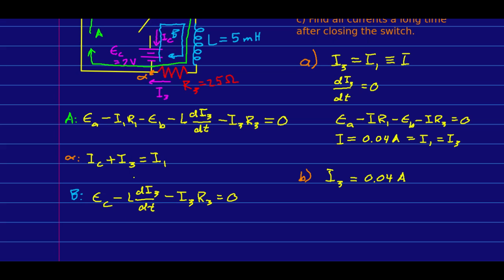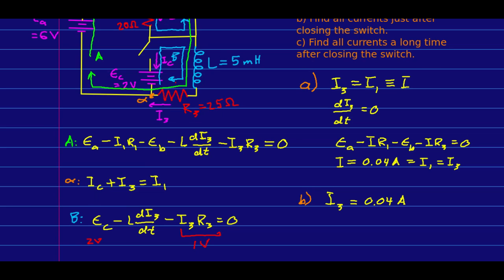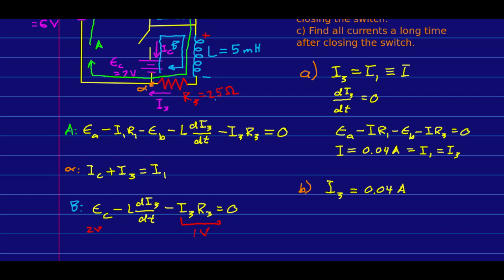And so that allows me here to see, if I wish, what the rate of change of I3 is, because if you just work through that current and that resistor, you find that this potential difference is 1 volt, and we know that that's 2 volts, and so we know the potential difference across the inductor is 1 volt, and that it is a drop going this way. And so in other words, the inductor is working to push against the current through it. It's fighting the current increasing.